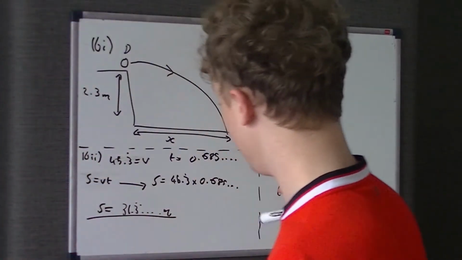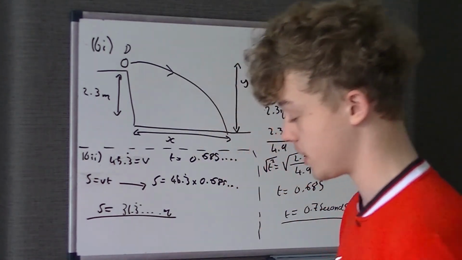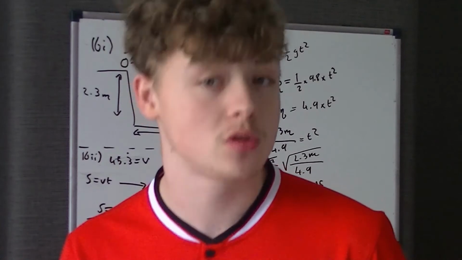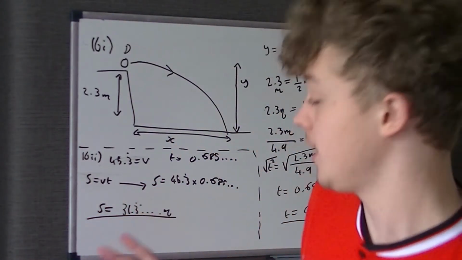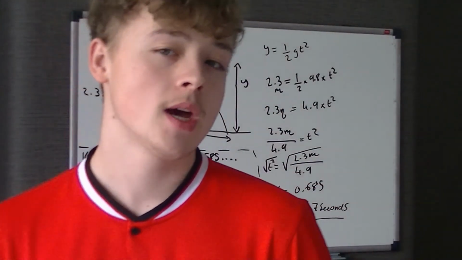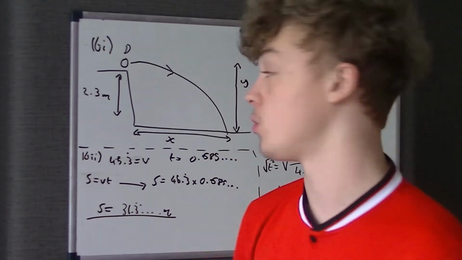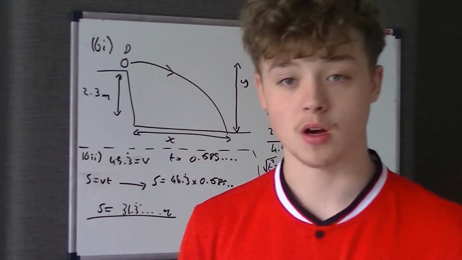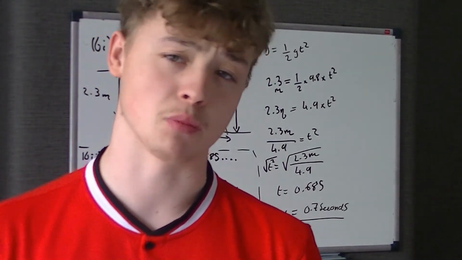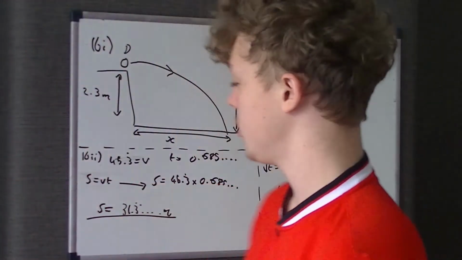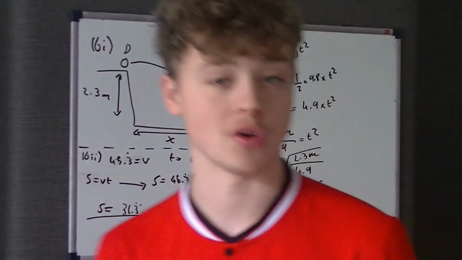Gravity does affect it, but air resistance we've not included in our calculation. We've assumed there's no air resistance, so there's nothing pulling the ball backwards when it's travelling horizontally. The acceleration due to gravity, which is 9.81, does not affect the horizontal motion, so we've not calculated that in our answer, and we calculate about 32 metres.